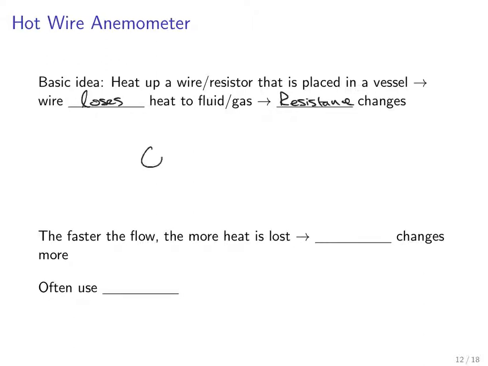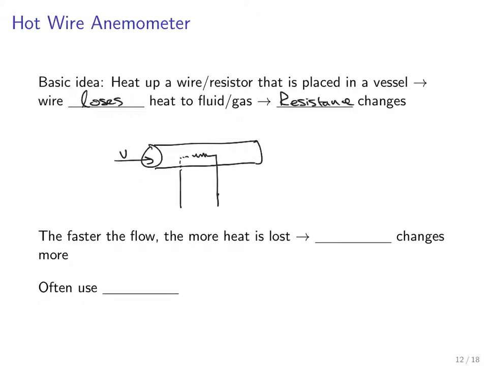So here's another depiction. So you have the flow here through the vessel. Let's say that we have a resistor crossing the cross section of the vessel.